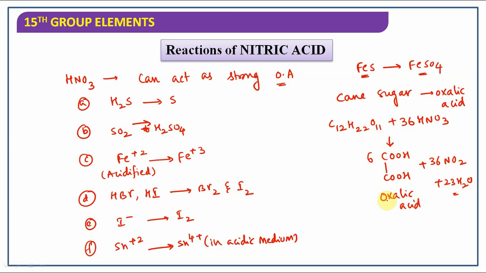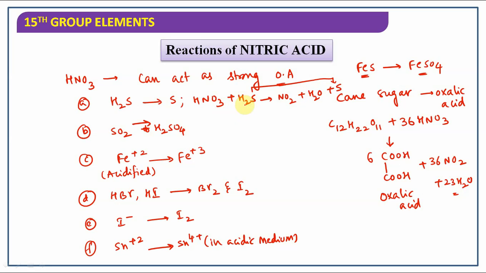So in these reactions, nitric acid is acting as an oxidizing agent. You can write the reactions very simply. If I take HNO3 plus H2S, it will give NO2 plus H2O plus S. Means H2S has been oxidized to S. Yes or no, children? So it has been oxidized by nitric acid.